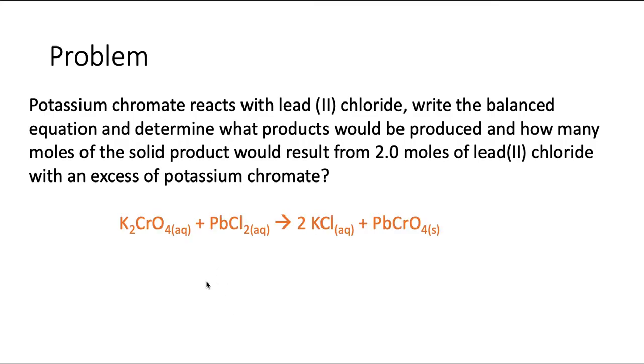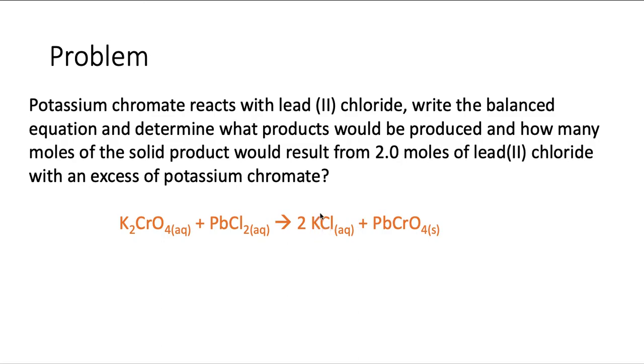And here's the formula. So as you can see, I said chromate is a 2 minus, potassium is a plus 1, so I need 2 potassiums for every chromate: potassium chromate, plus lead chloride, lead 2 chloride. The 2 up here tells me lead is a 2 plus, chlorine is a minus 1, so I need 2 chlorides to balance my lead.